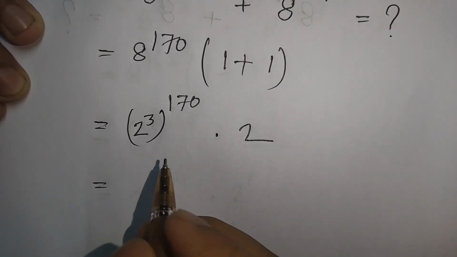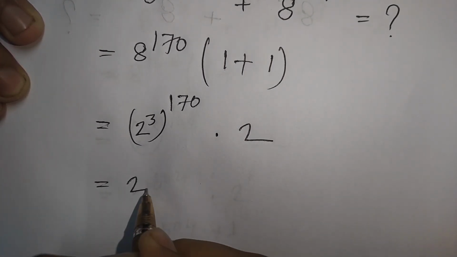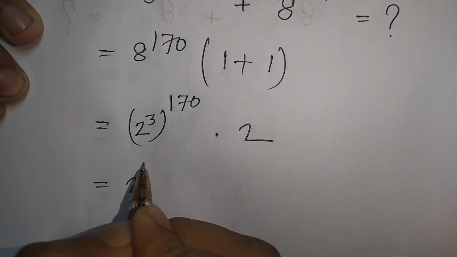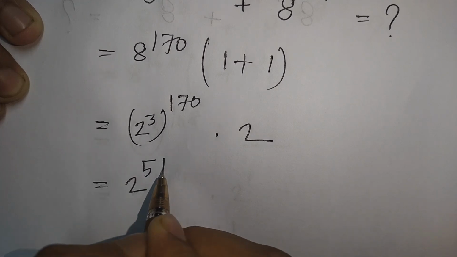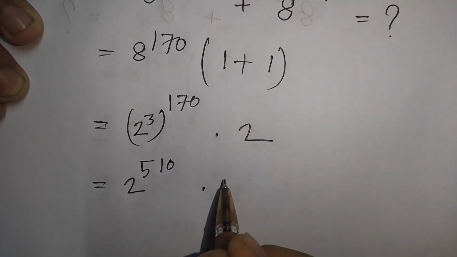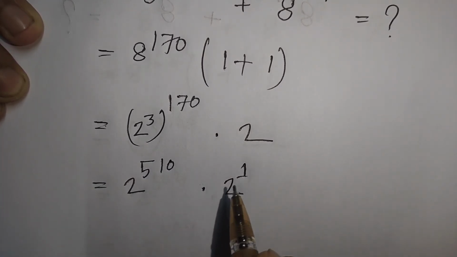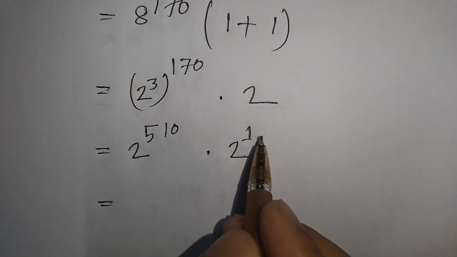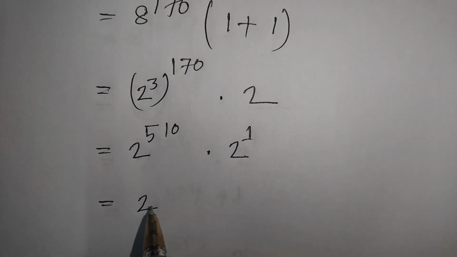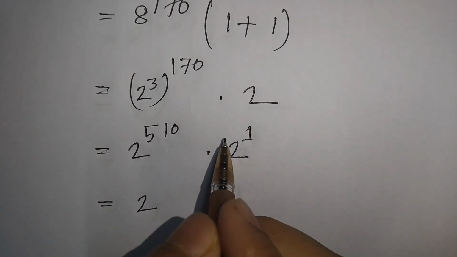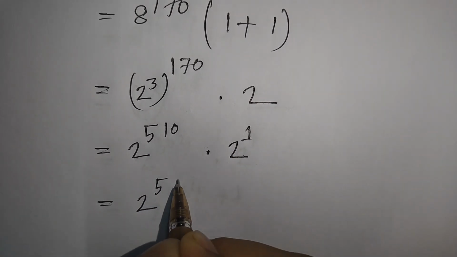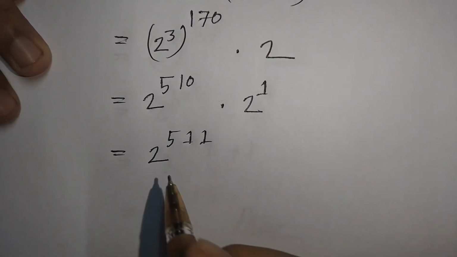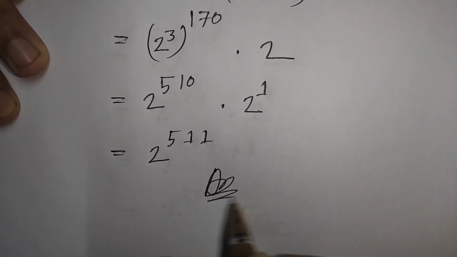Now 2 to the power 3 times 170, that means 510, times 2 is the same as 2 to the power 1. Now we see the same base but different powers, so you can write here 2 to the power 510 plus 1, that means 511. So 2 to the power 511 is the correct answer.